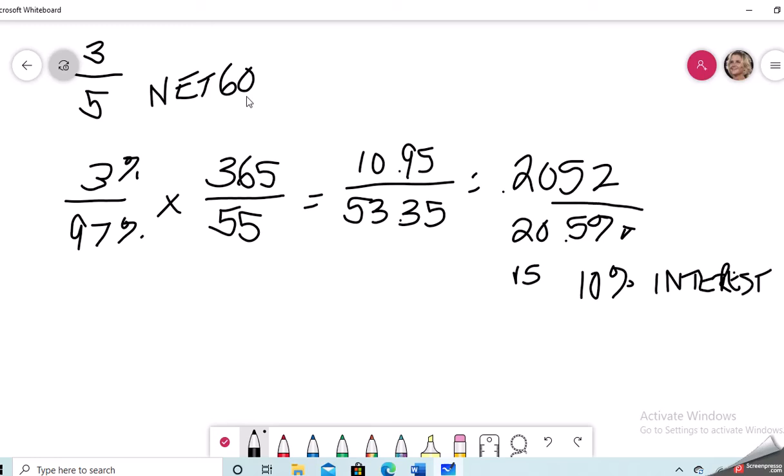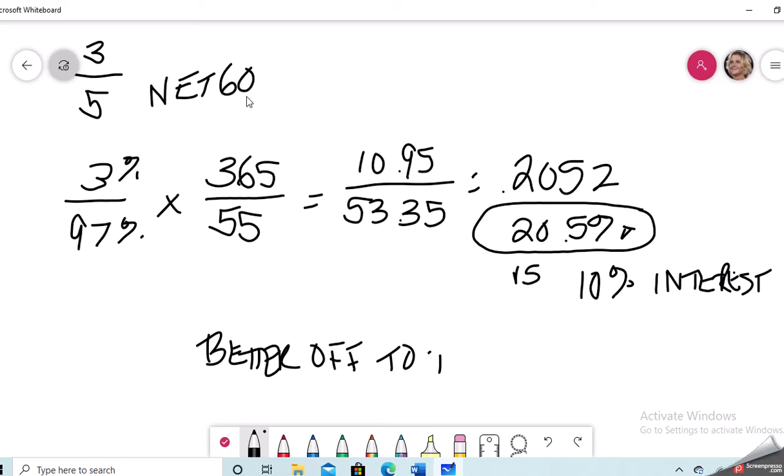Because this is higher, they would be better off to borrow and take the cash discount.